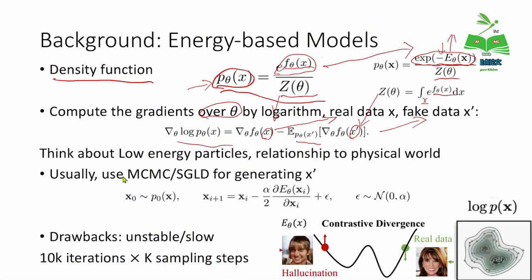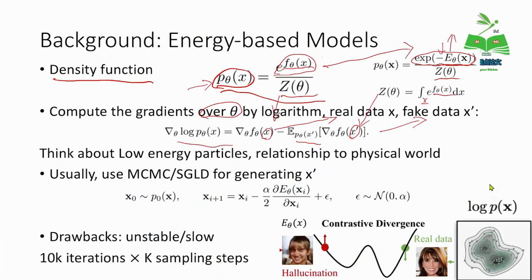Usually, people will use MCMC, Markov chain Monte Carlo, or SGLD to generate x prime. SGLD is in this way: define an x0 from some random noise, then update it at every step with the gradient of the energy plus some random noise, to update x step by step.